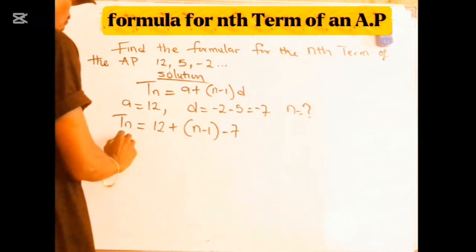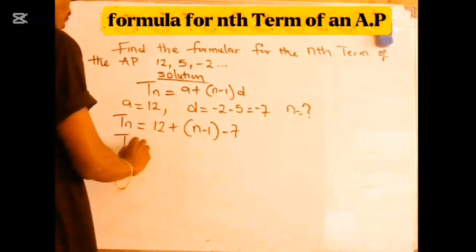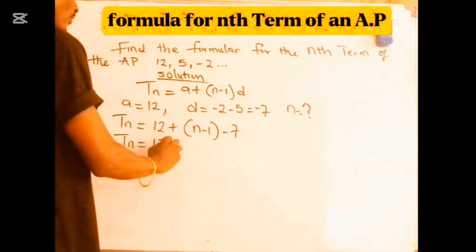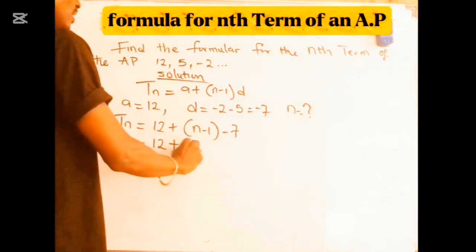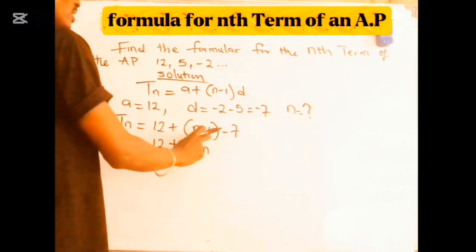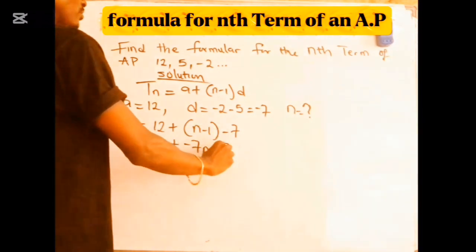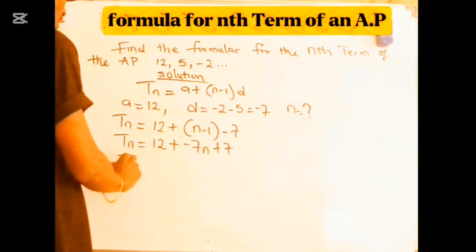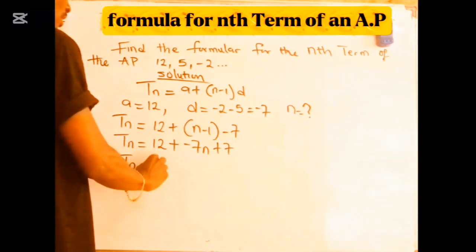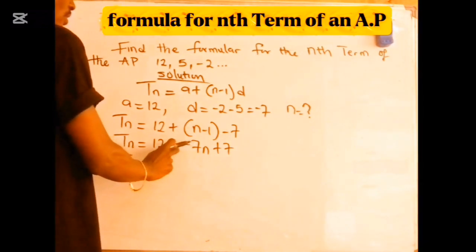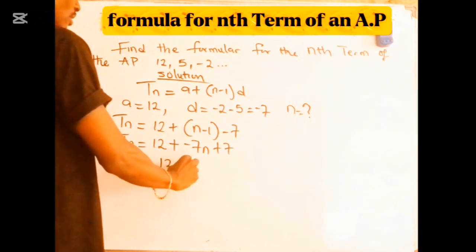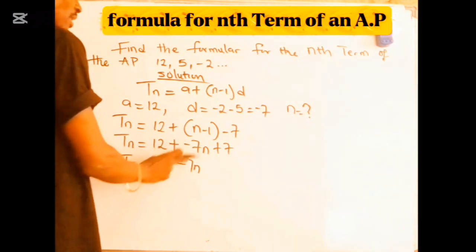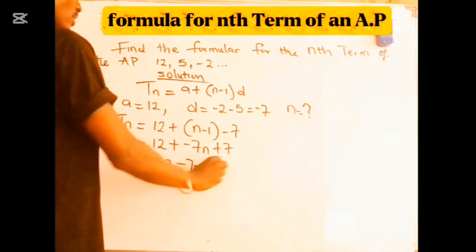Expanding here, we'll have Tn equal to 12 plus minus 7 times n, which is negative 7n. Minus 7 times minus 1 is positive 7. So Tn is now 12 minus 7n, because plus times minus is minus, then plus 7.